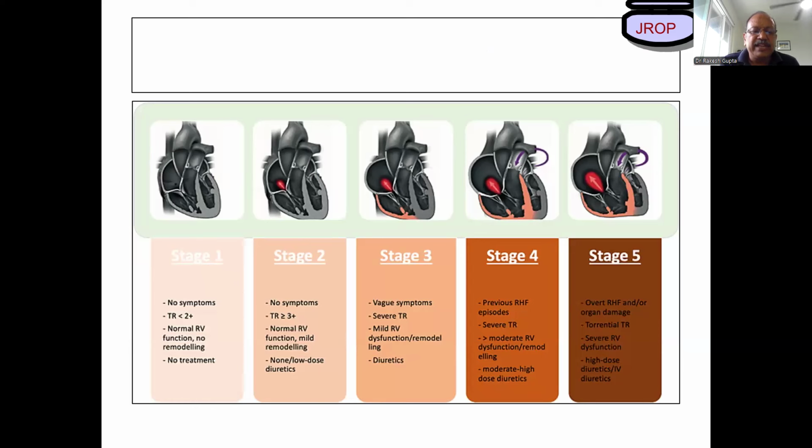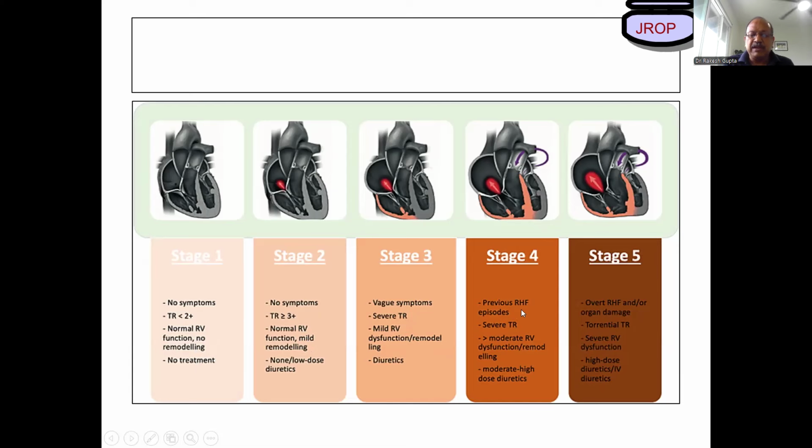Look at this slide very carefully. This is stage 1, stage 2, stage 3, stage 4, stage 5. What is the utilization of these? Stage 1 is mild, no symptoms, TR less than 2 plus, normal RV function, no remodeling, no treatment. Stage 2: TR is 3 plus, normal RV function, mild remodeling, none or low-dose diuretics. Stage 3: weak symptoms, severe TR, mild RV dysfunction, diuretics.